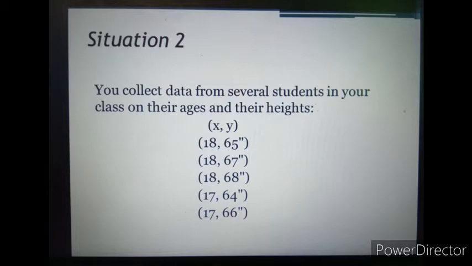This disqualifies the situation because our qualification is that there must be only one output for every input. Another, if you get 17 as an input, you'll have 64 and 66 as outputs. So, clearly, situation 2 is not a function, and hence situation 1 is the only function in this example.